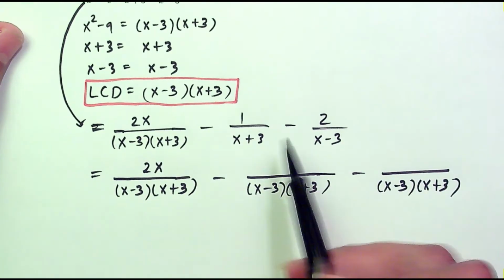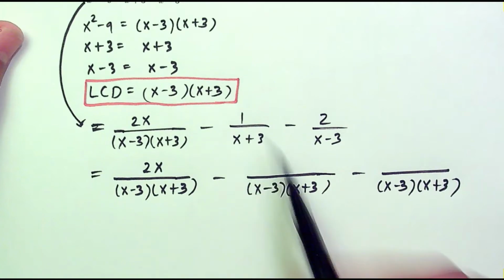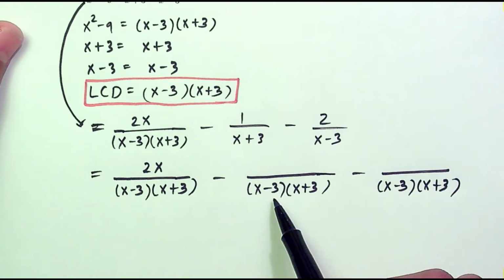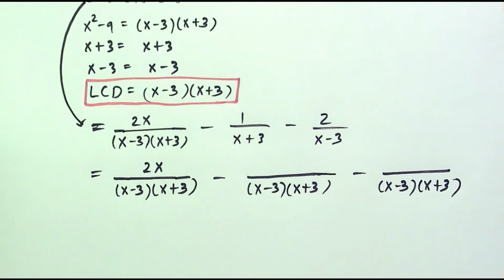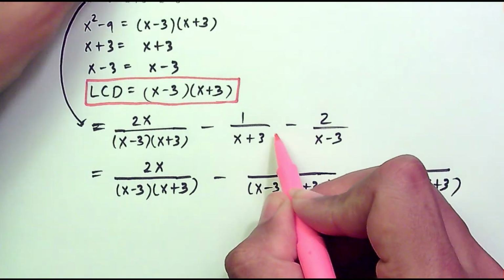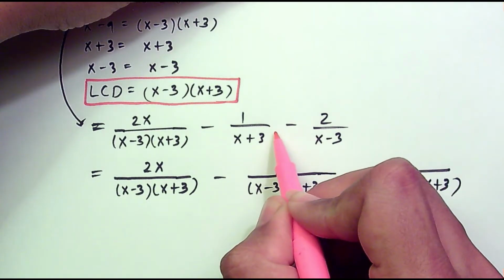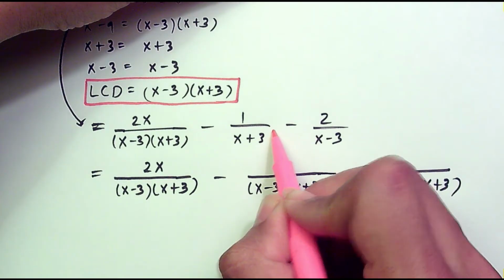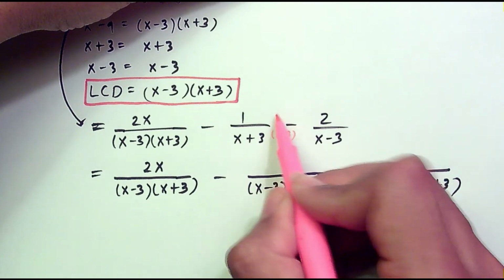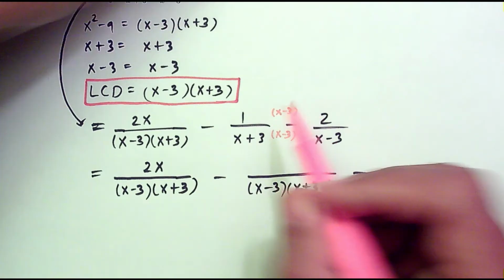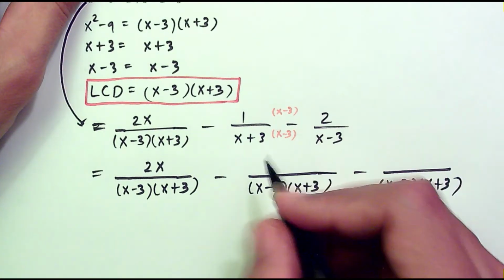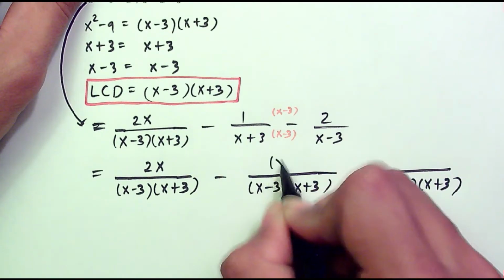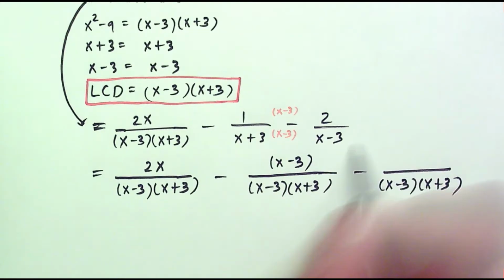How about this one? You see that what is missing is an x minus 3. So that means we multiply bottom by x minus 3 and the top by x minus 3. So you need to put here x minus 3. So I'm going to write it kind of small. Here x minus 3 and x minus 3. So the top is going to become just 1 times x minus 3. You don't have to write the 1. So just x minus 3.